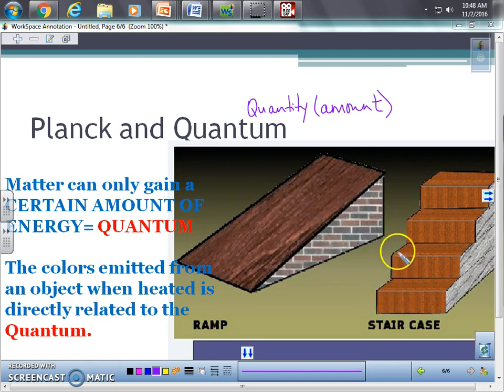There's a certain amount there, there's a certain amount there, and that's how matter gains energy, by gaining a certain amount. Now, some matter can gain small amounts, like small stairs at a stadium, and some matter can gain a lot of energy, like an RV step, a lot more, but it's a certain amount. And the colors emitted from the object when heated is directly related to that quantum. So that quantum is your idea of amount or quantity.